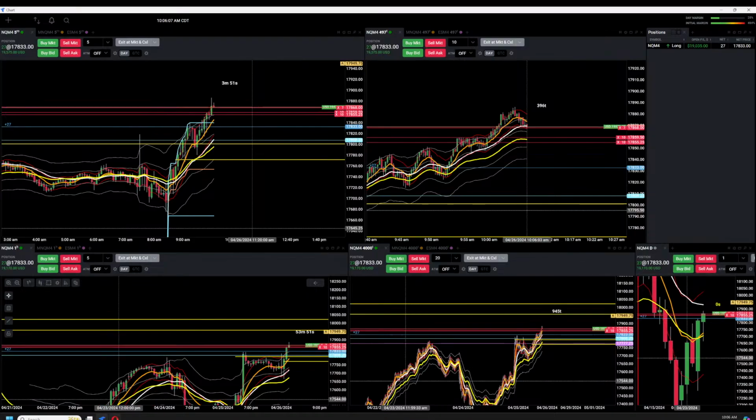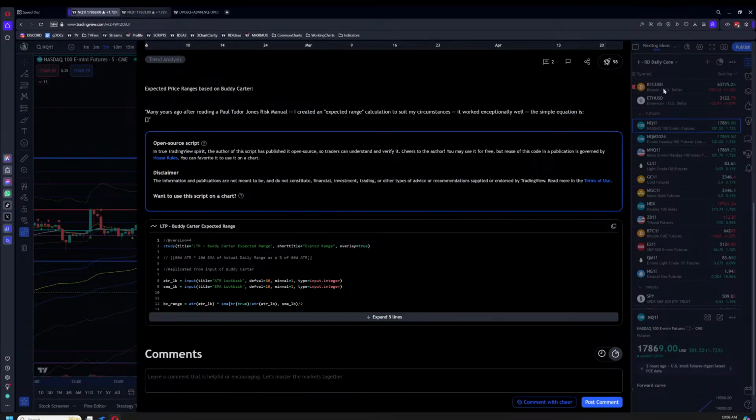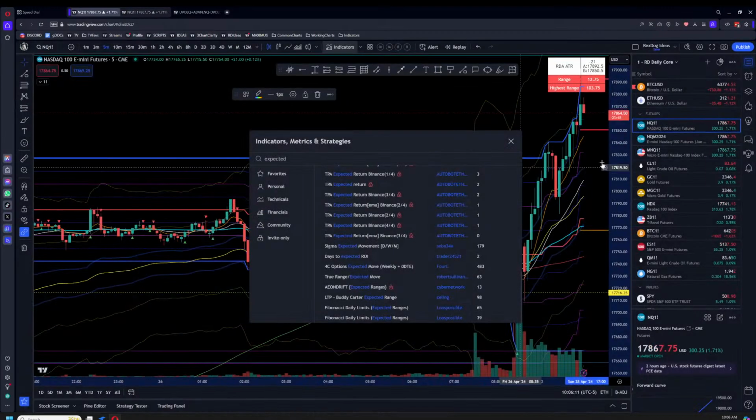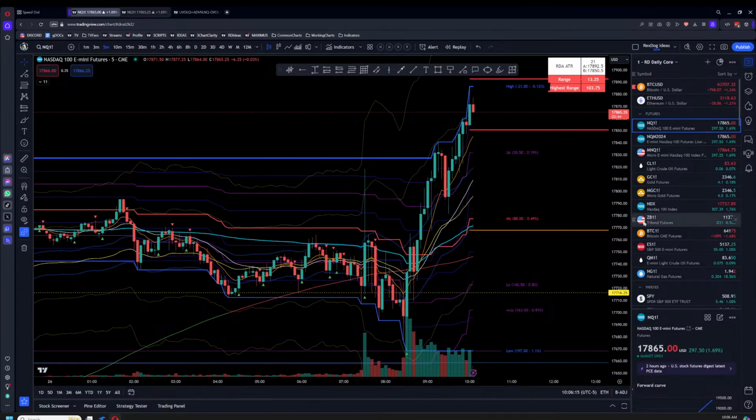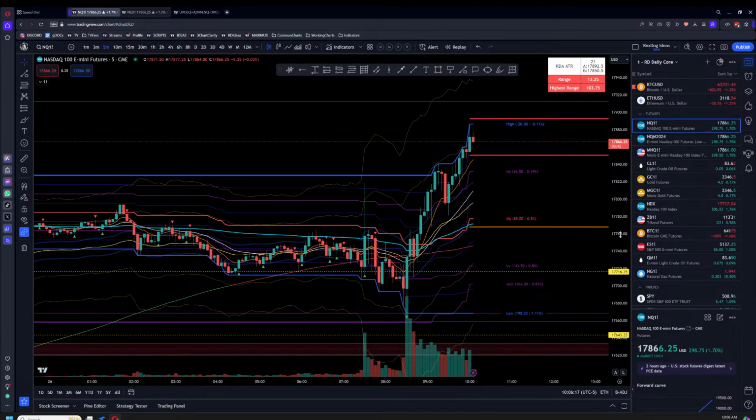All right, so for me, what makes a valuable ATR indicator is, it gives you a feel for, number one, just knowing the range of the current candle is good.